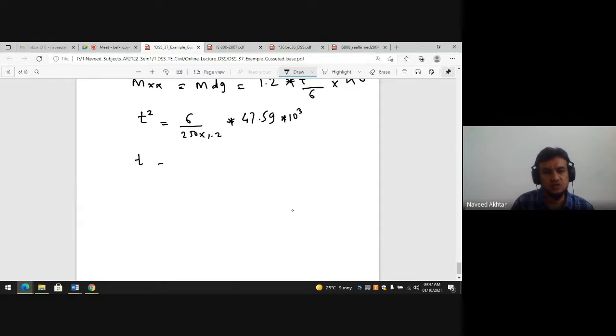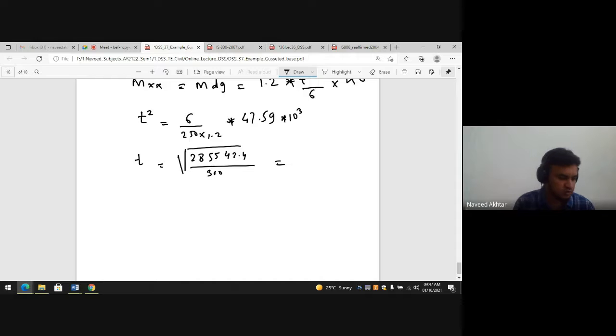So T is equal to the square root of this value into 6, which is 285542.4 divided by 250 into 1.2, which is 300.